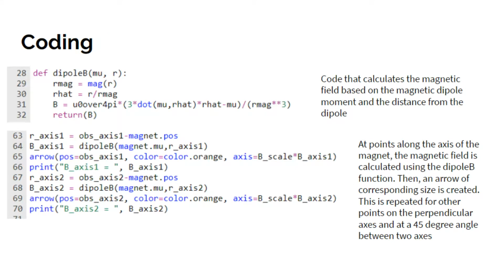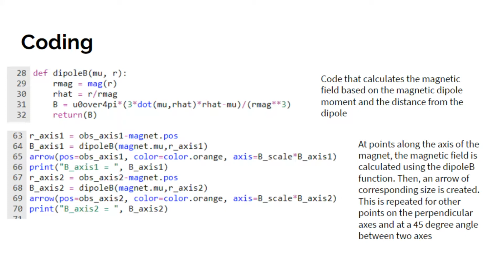In our code, we have this initial function, dipole b, that takes the input of our value mu, and r, which will be a relative position vector between the observation location and the magnet in order to calculate the magnetic field. Then in the code shown below, we find the magnetic field at 2 points along the axis on either side of the magnet, equidistant from each other, and then create an arrow to represent them.